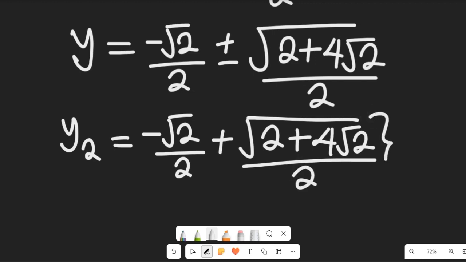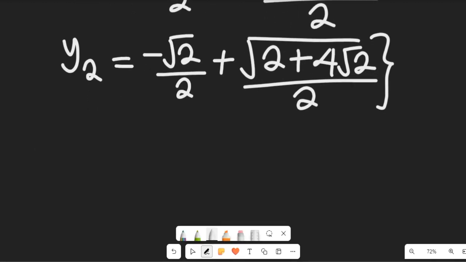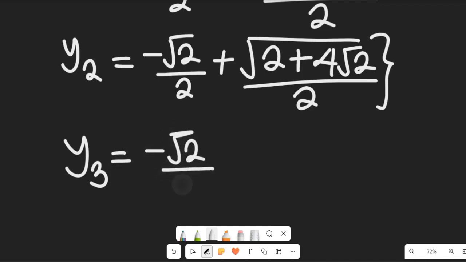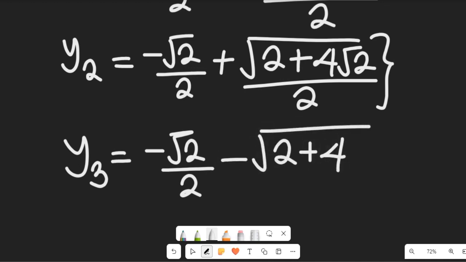Actually, y3 can still be equal to negative square root of 2 divided by 2 minus square root of 2 plus 4 root 2, divided by 2.